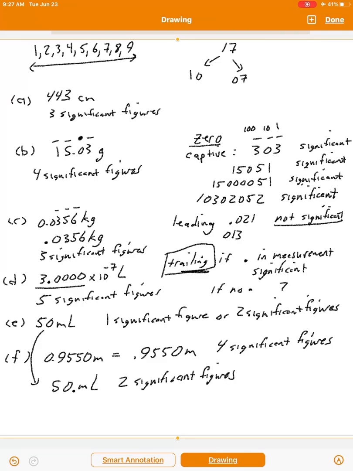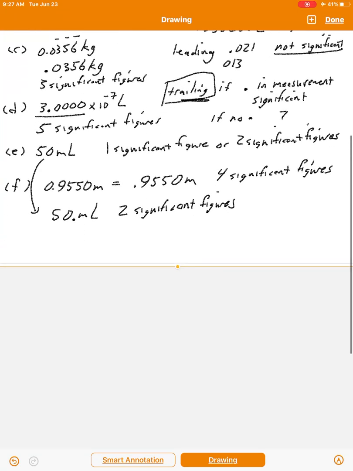There is, it turns out, a way to deal with it if you want it to be 1 significant figure, and that is to use scientific notation. Essentially what you do is, even though the decimal point is not shown, we assume it's right here.